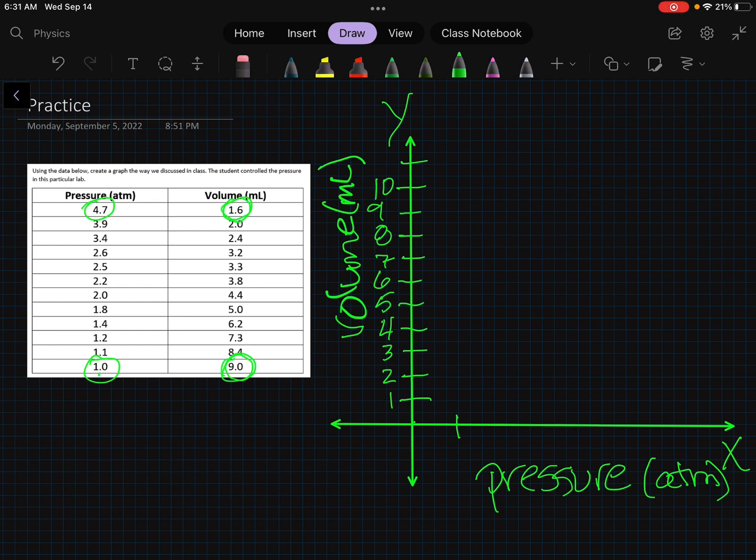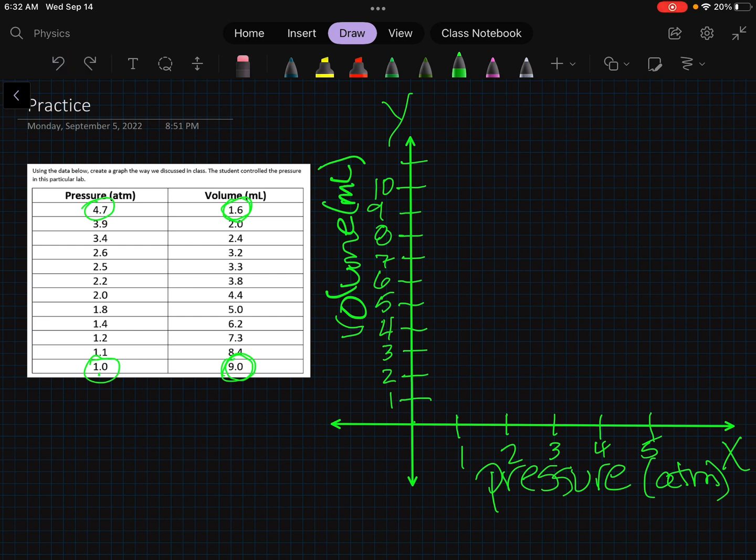We could do it by fours, 3, 4, 5. Just as long as that axis has the spacing identical and the quantities between each space identical. So mine are going up by ones, they're spaced out by 4 squares on the x-axis, and then they go up by ones and they're spaced out by 2 squares.